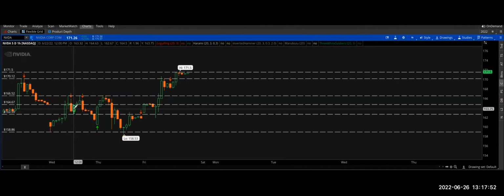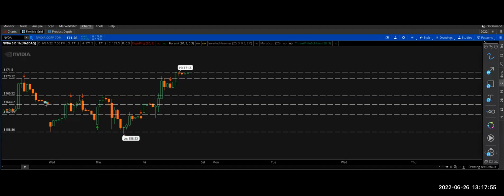If you look right here, how many times did NVIDIA's price pass through that level throughout the rest of the week? That could have been a good position for you to do a quick call, or you could have been bullish and done a debit spread, a debit vertical.